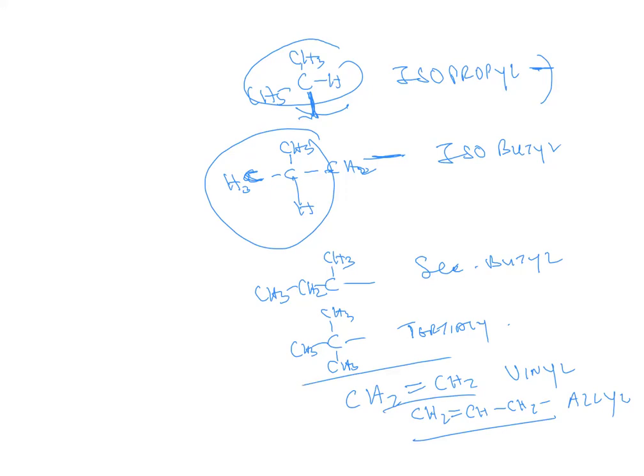Okay. Now, when it comes to ether, different names are used, because if you take something like this, H3C, H2C, CH2, CH3, the pattern of naming and the priority order is right.